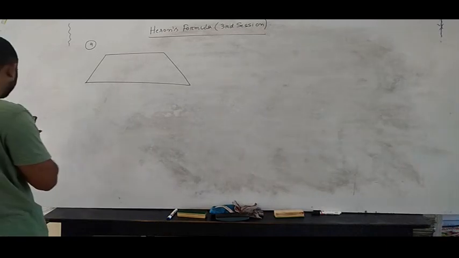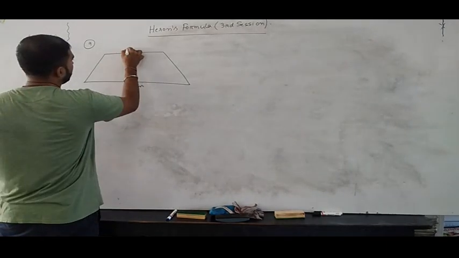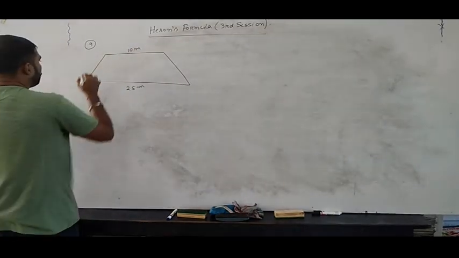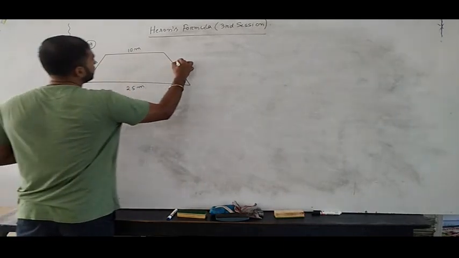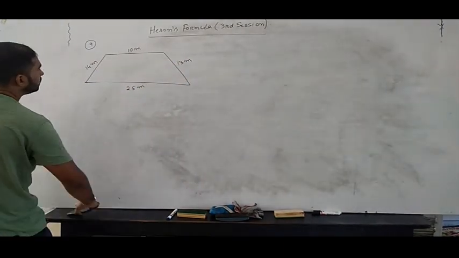A field in the shape of a trapezium whose parallel sides are 25 meter and 10 meter. The non-parallel sides are 14 and 13 meter. Find the area of the field.